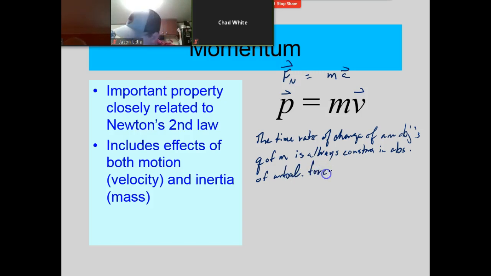I've put some extra words in there. It's so much easier than saying if it's at rest, it stays at rest unless it's acted on, or if it's moving, it's straight line motion. The quantity of motion is constant. The time rate of change of an object's quantity of motion is always constant, as long as there's no unbalanced force.